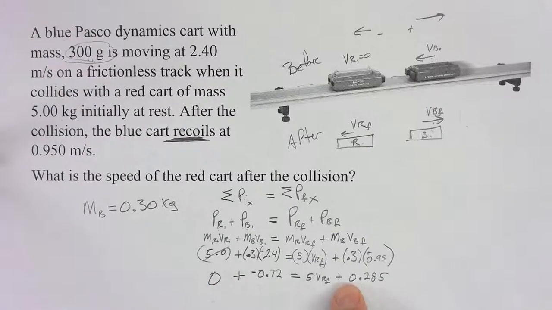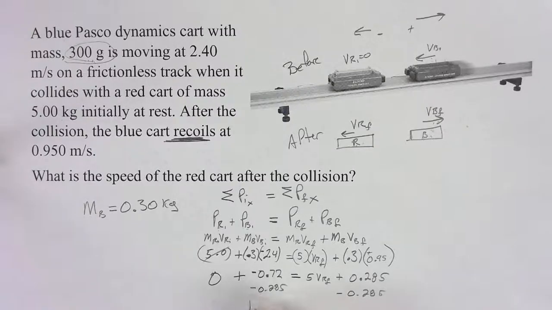Little algebra, just subtract this from that side. And we see that the left now becomes negative 1.005, and that's going to be 5 VRF.